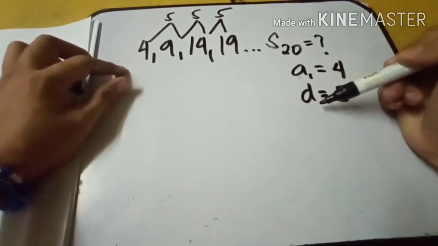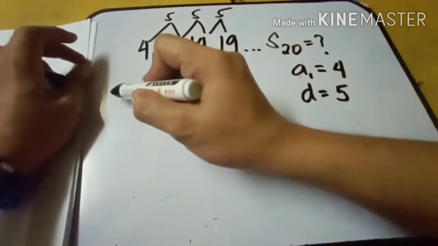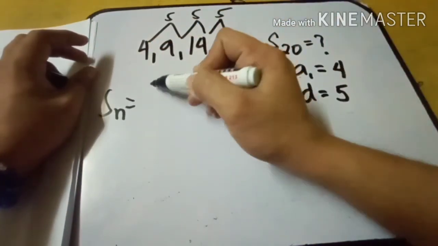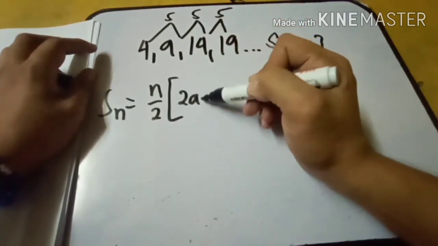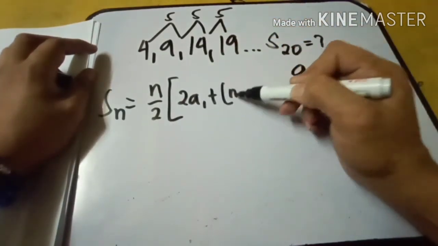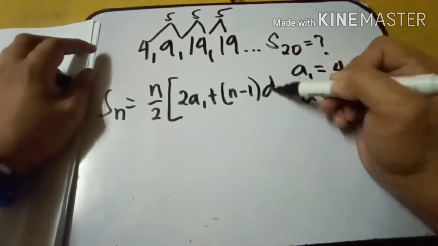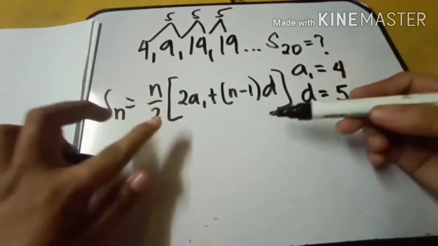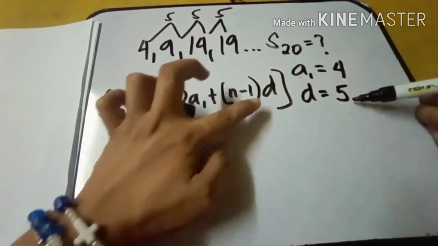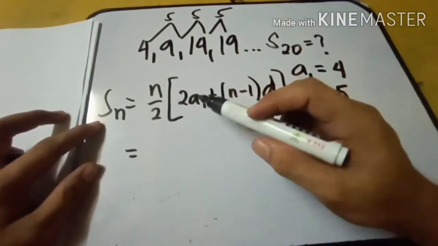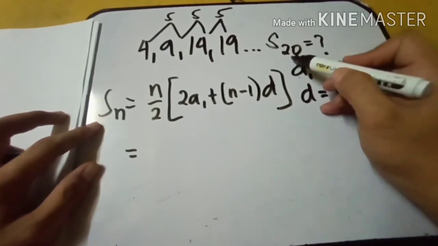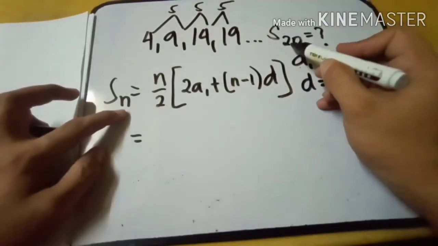So now I have the first term and the common difference. So I use the second formula, which is S sub n is equal to n over 2 times the quantity 2a sub 1 plus the quantity of n minus 1 times d. I use this because I have the first term and the common difference. Our target is the sum of the first 20 terms, so our n is 20.